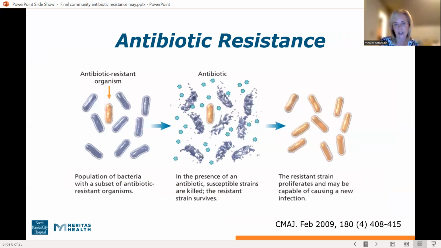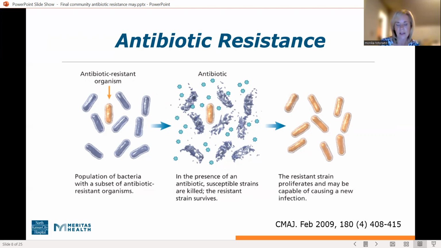Here's a nice visual of what I just mentioned. The susceptible or sensitive bacteria is depicted by the blue-purple. The antibiotic-resistant organism is outlined in yellow-orange. So you have an infection, I give you an antibiotic, and focus on the middle picture. The antibiotic is able to kill off those susceptible bacteria.